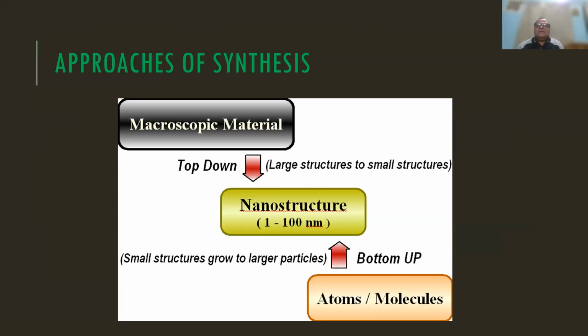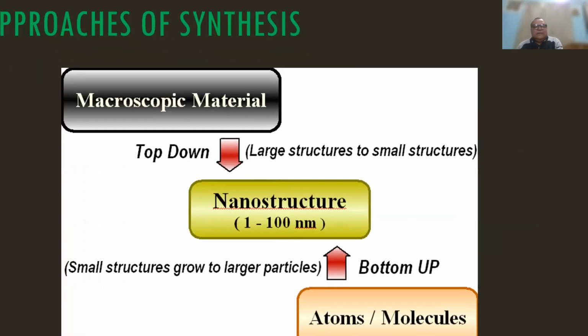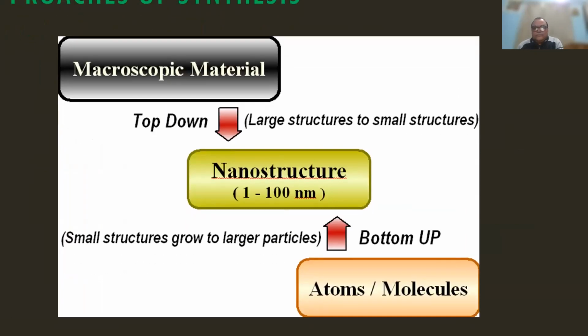So how can we synthesize nanomaterials? We have two options: top down and bottom up. Top down, take the large structure and make the small structure. Bottom up, take the small structures and make a nanomaterial.